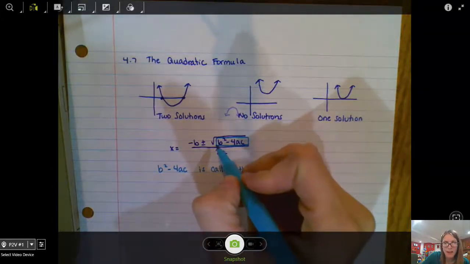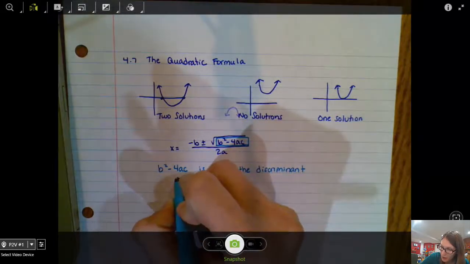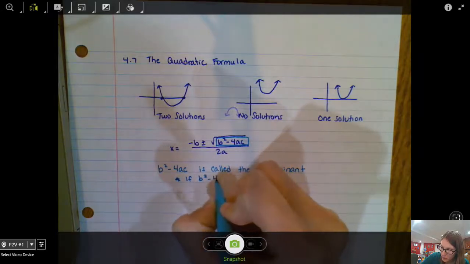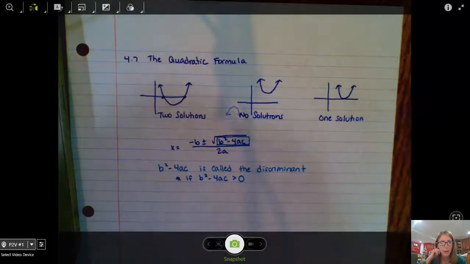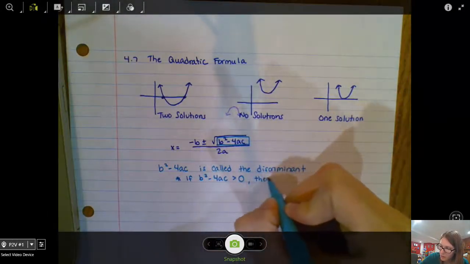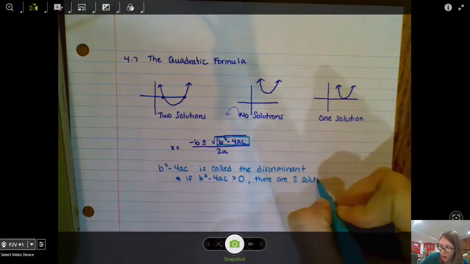If b squared minus 4ac is a positive number, if b squared minus 4ac is greater than 0, that means there are two solutions to our quadratic equation.